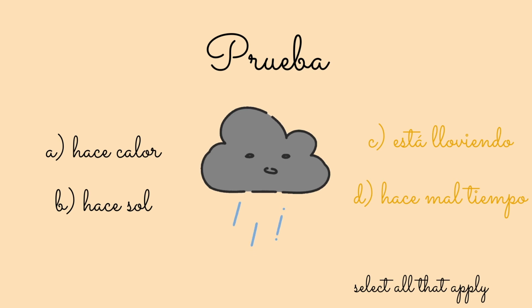It's raining and it's bad weather. But remember, it's all up to someone's discretion if you think it is bad weather or not. But generally speaking, rain means bad weather. It would also be acceptable if you said llueve, it rains.